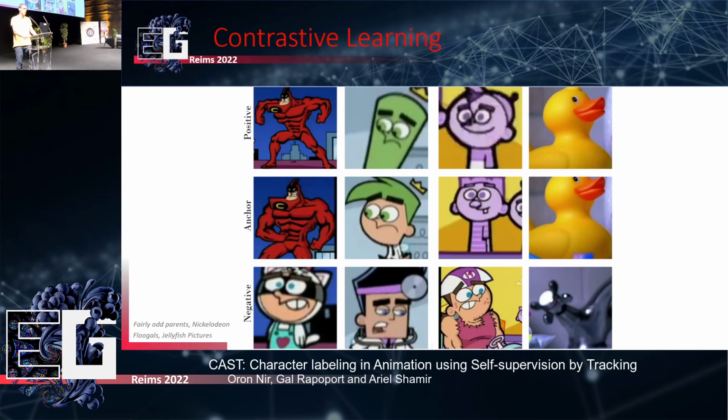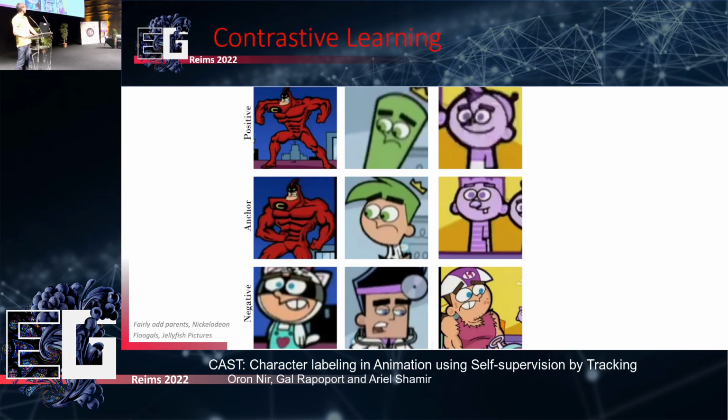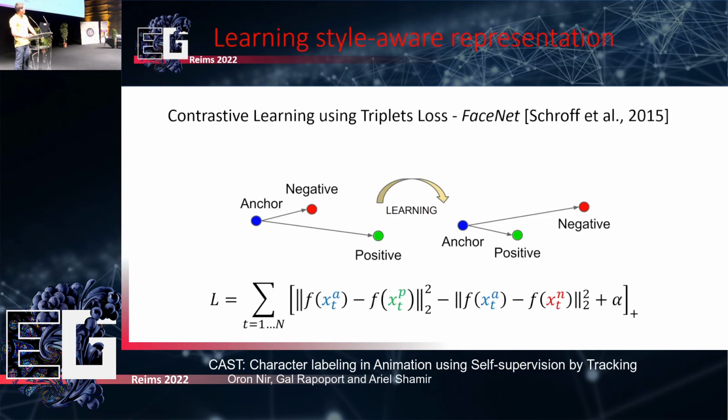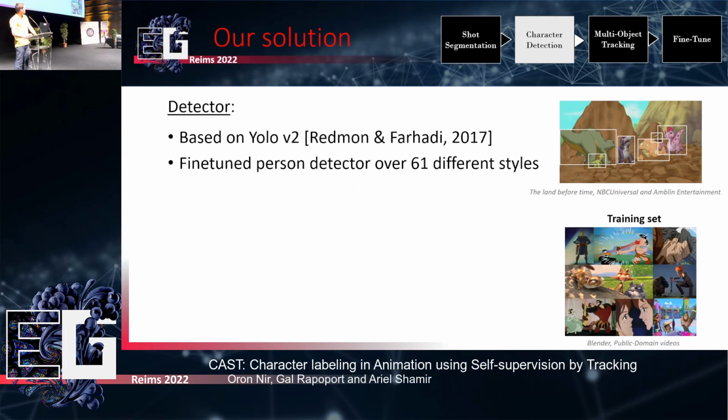Therefore, I can show you some examples from the data that we used here, which had a high variance of styles, like Blender videos and public domain videos, which are far older, and Superman and Looney Tunes and other publicly available videos.